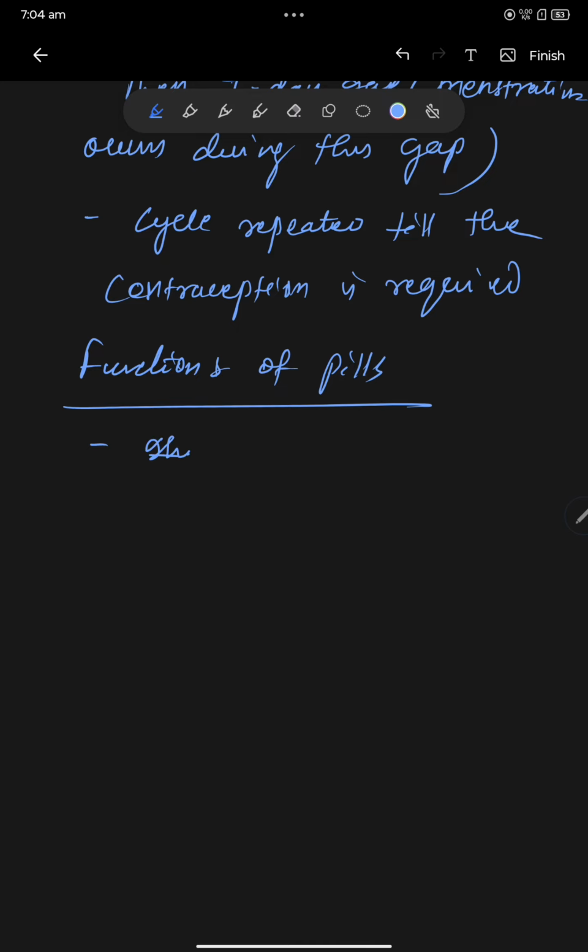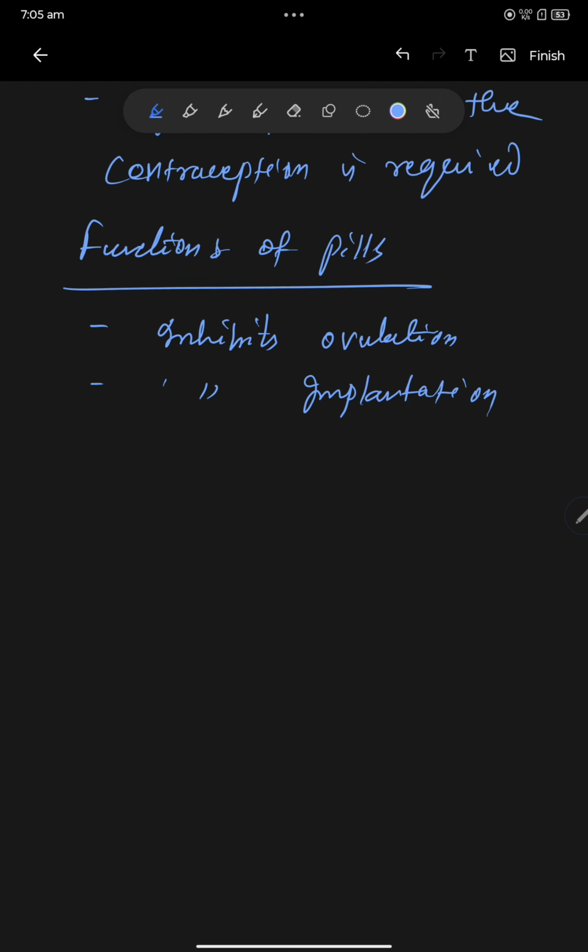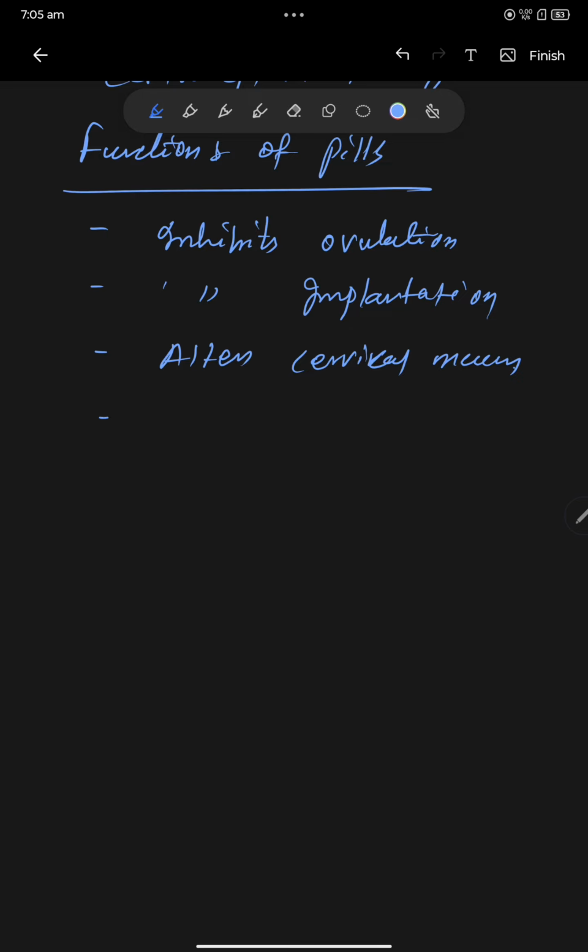It inhibits ovulation, inhibits implantation, alters cervical mucus, and prevents sperm entry.